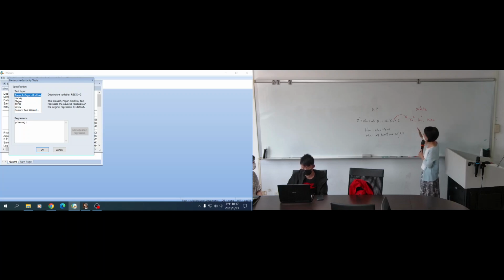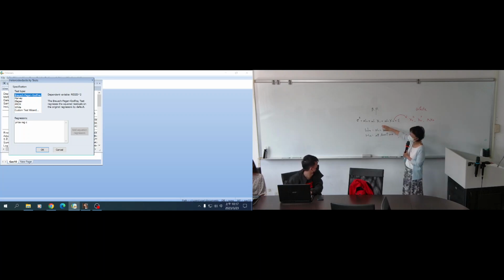And what's the drawback of this one? If I have two variables, what are the degrees of freedom? When we say degrees of freedom, we are always talking about the residual degrees of freedom, which is used for the t-test and also the F-test. The degrees of freedom for BP here is n minus k minus 1, where k is the number of x variables.